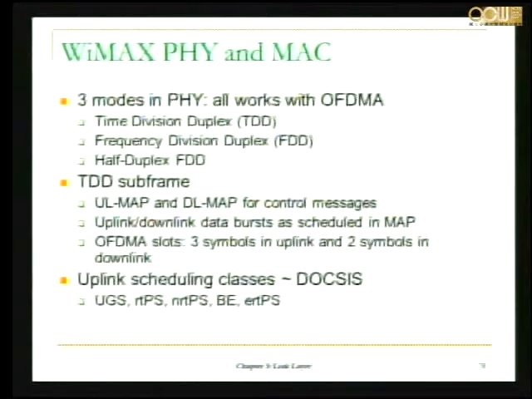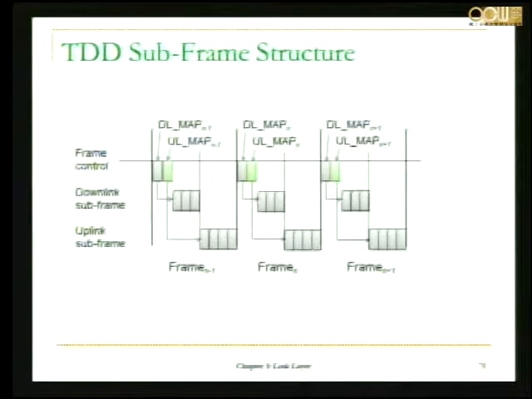I don't want to explain this in too much detail because that requires much more explanation. Let's look at this figure to know what the frame structure, subframe structure is.